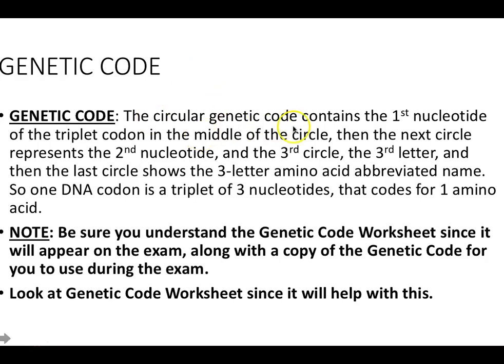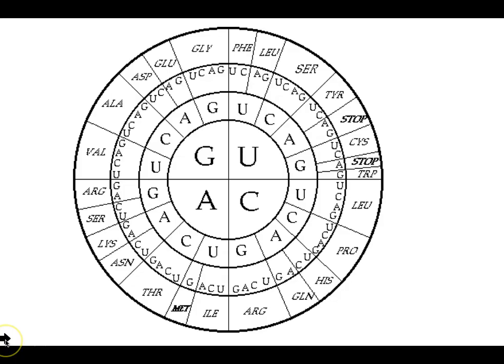The circular genetic code contains the first nucleotide of the triplet in the middle, the second nucleotide in the second part of the genetic code, and the third letter is going to be on the third circle. So be sure you understand the genetic code worksheet, since it'll appear on the exam along with a copy of the genetic code, and look at your worksheet to help you.